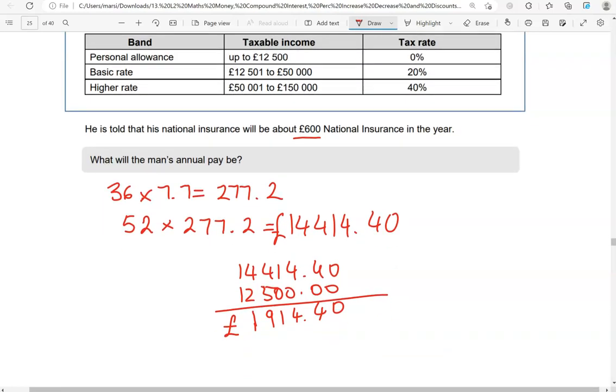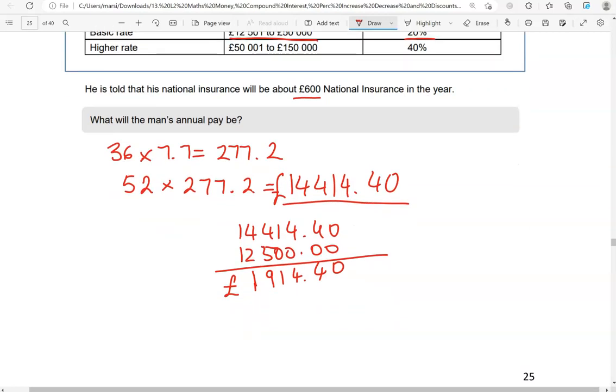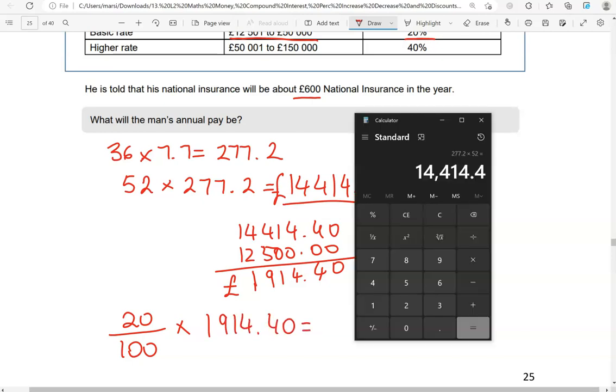So that will fall within the basic tax rate at 20%. So 20%, that is 20 out of 100 of £1,914.40.